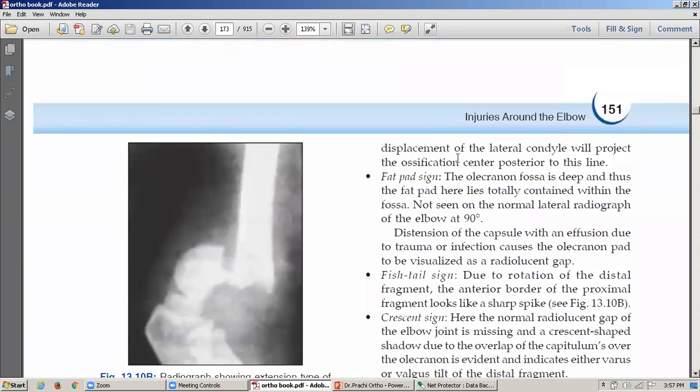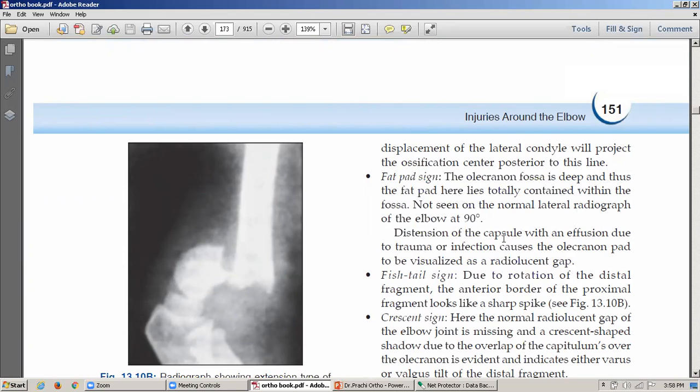Then the fat pad sign. The olecranon fossa is deep and thus the fat pad lies totally contained within the fossa, so it is not seen on the normal lateral radiograph of the elbow at 90 degrees.